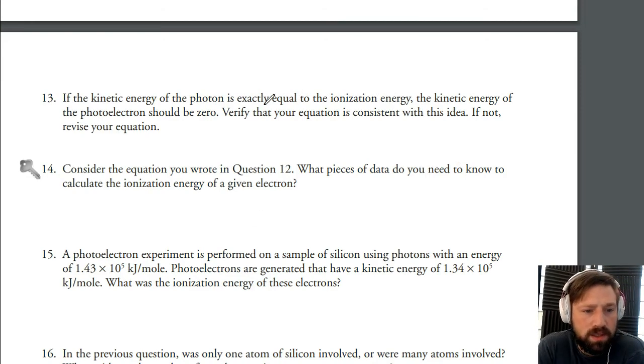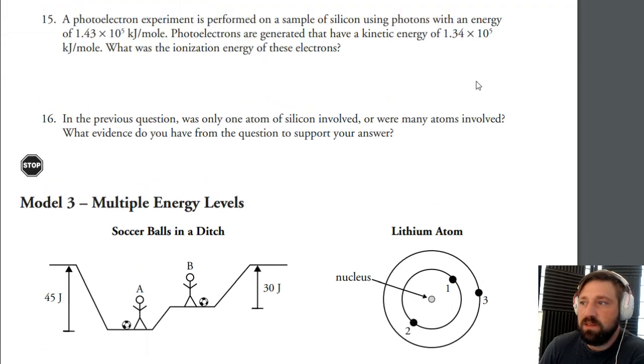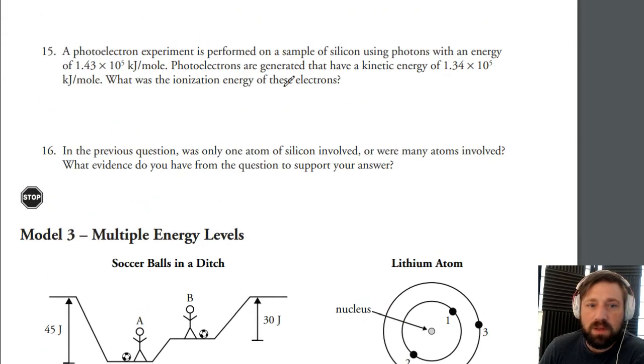So a photoelectron experiment is performed with a sample of silicon, using photons of an energy at blah blah blah. Photoelectrons that are generated have kinetic energy of blah blah blah. What's the ionization energy? For this, it's going to be pretty simple. We have photons with a certain energy, and then we have the kinetic energy of the electrons.